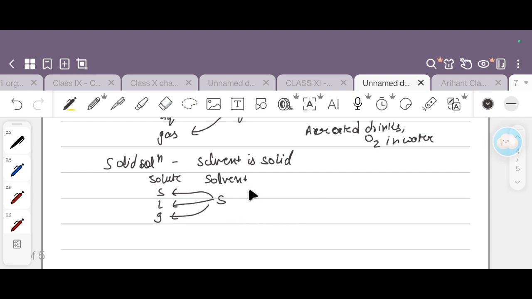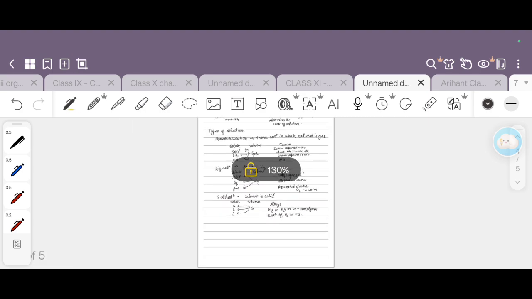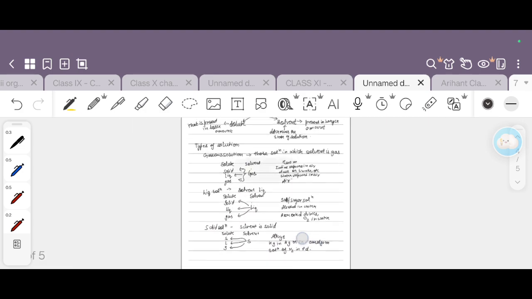Examples: solid in solid, alloys, Hg in silver or zinc amalgam, and gas in solid like solution of hydrogen in platinum. These are some examples of different types of solutions.